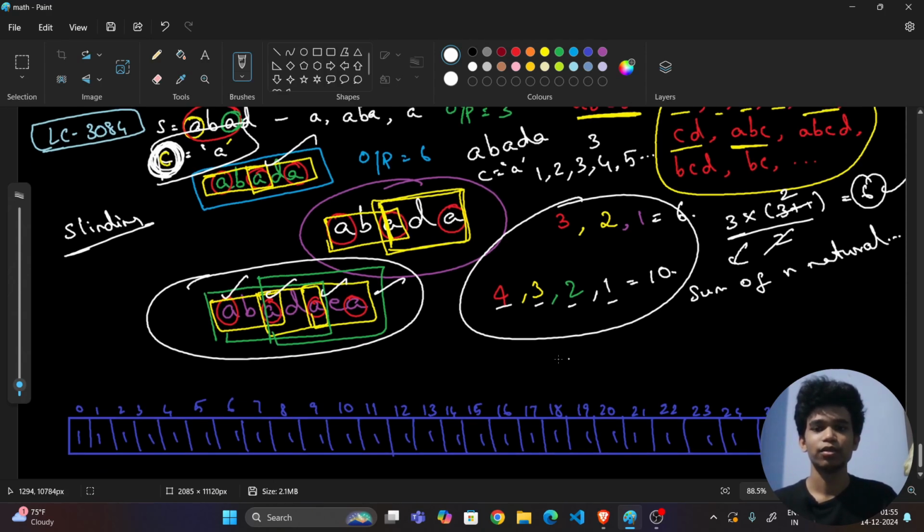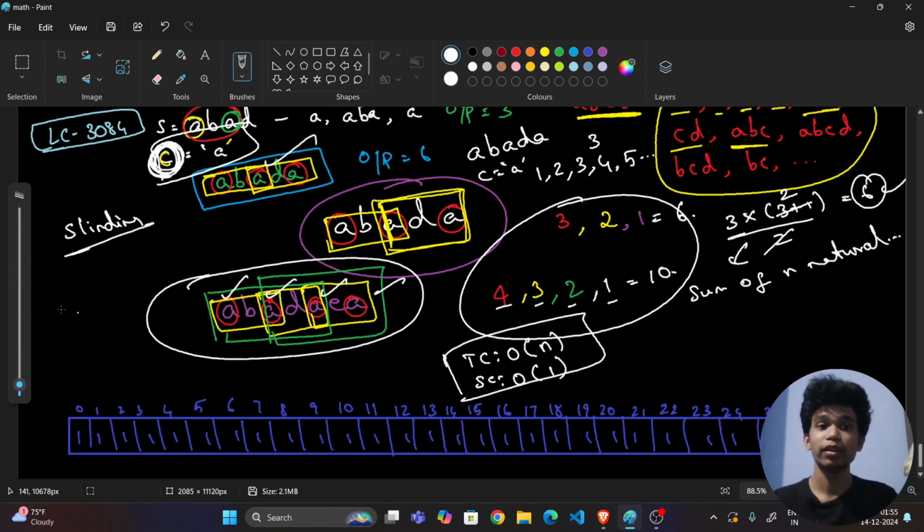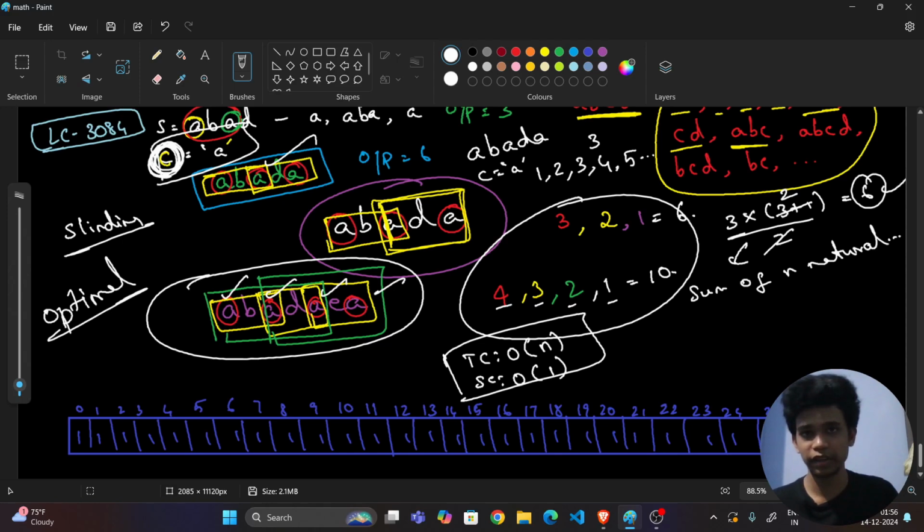Okay, fine. So what are the time complexity and space complexity here? My time complexity will be O of n and space complexity will be O of 1. I directly thought of the optimal approach. But the brute force approach is to generate all possible substrings, then check whether the starting and ending of the substring is the target character.